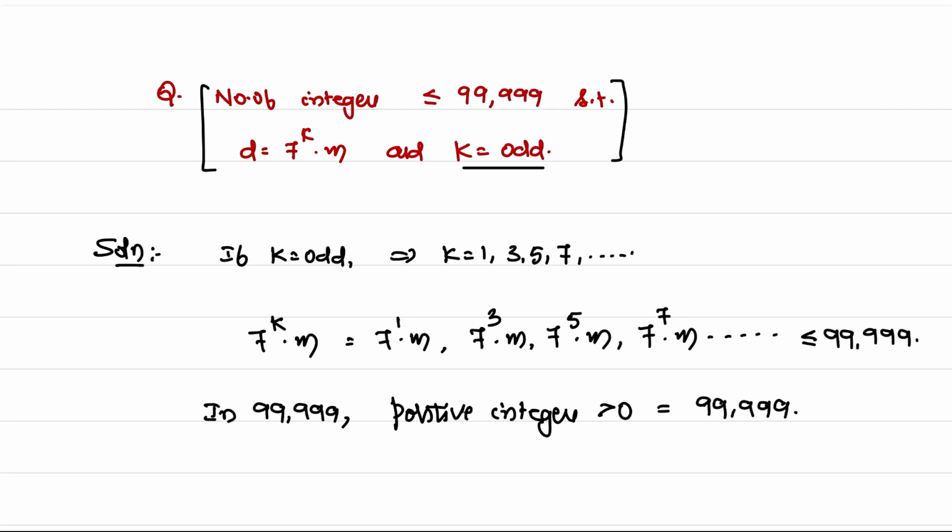That will be 1, 2, 3, 4, and so on. These are all integers. There are 99,999 integers. Out of which, how many integers are satisfying this given condition?